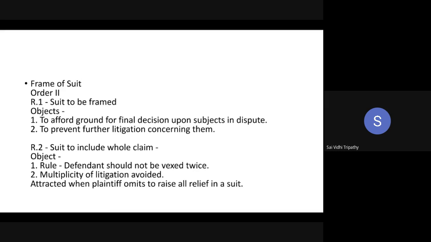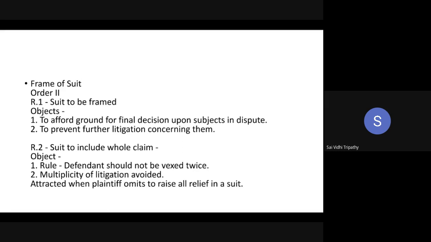That how the suit is to be framed. The plaint is there, the written statement is there. Now how we will frame the suit, that is what Order 2 says. Order 2's object is only twofold, that is to afford ground for final decision upon the subjects in dispute and second is to prevent further litigation concerning them.